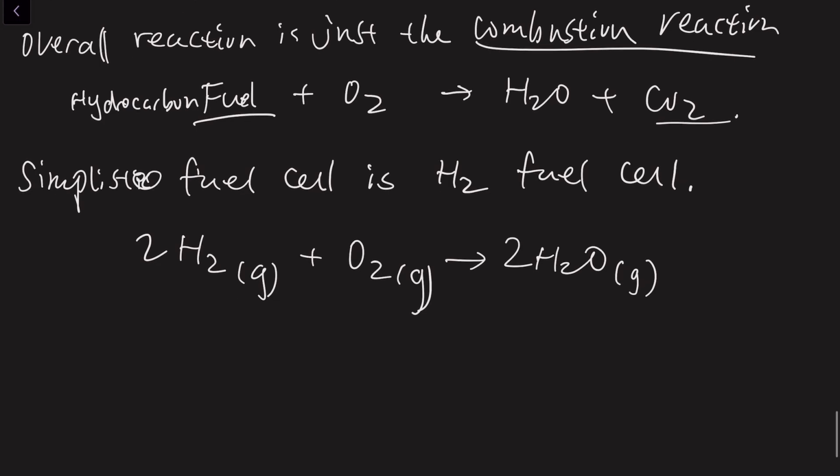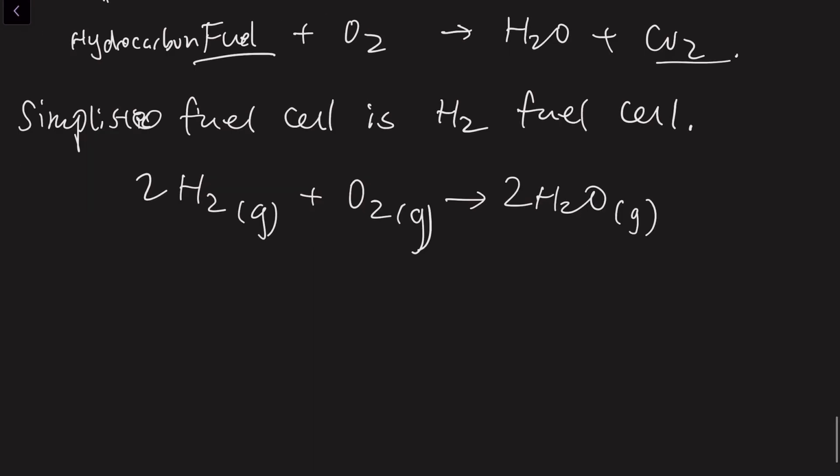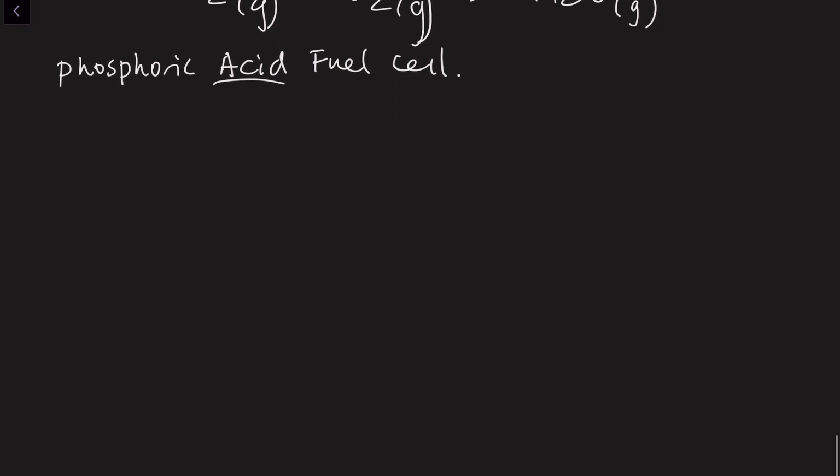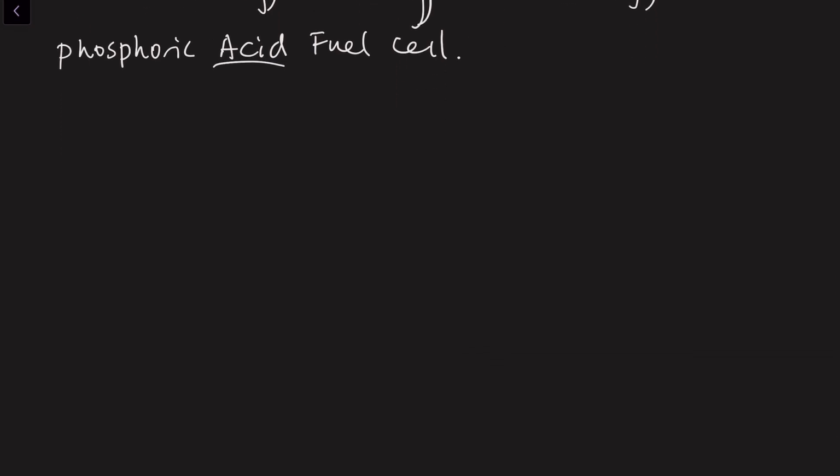And there are 2 types of hydrogen fuel cell. The first type is called the phosphoric acid fuel cell. And because it has the name acid in it, you know this fuel cell runs under acidic condition.